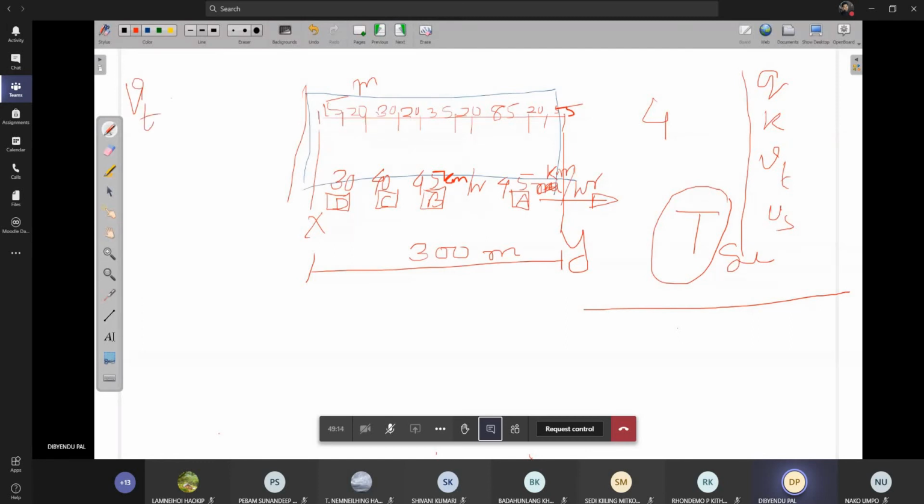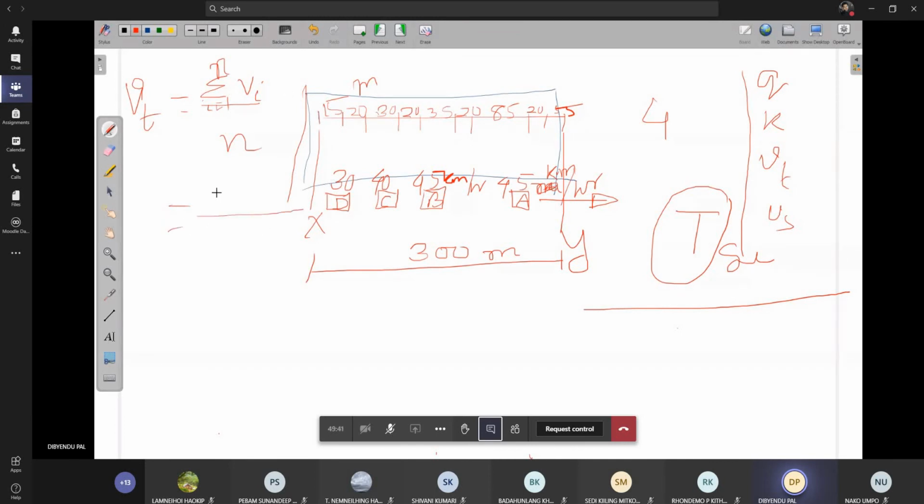Average time mean speed is the sum of the speeds of all vehicles, summation from i equal to 1 to n, divided by the number of vehicles. This is how we can write it. It is a simple arithmetic mean.